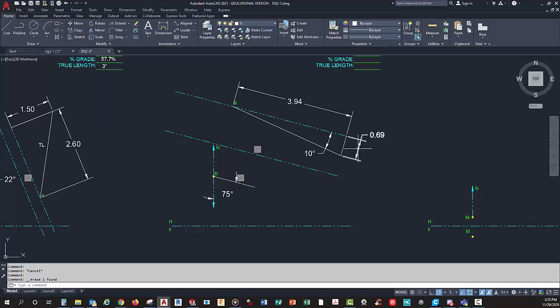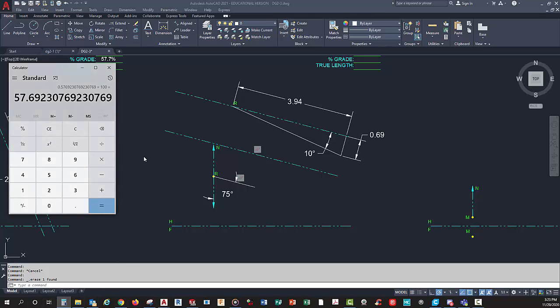All right, so rise over run. So let's go find our percent grade, right? So it's 0.69 divided by 3.94 times 100 equals, so it's 17.5% grade.